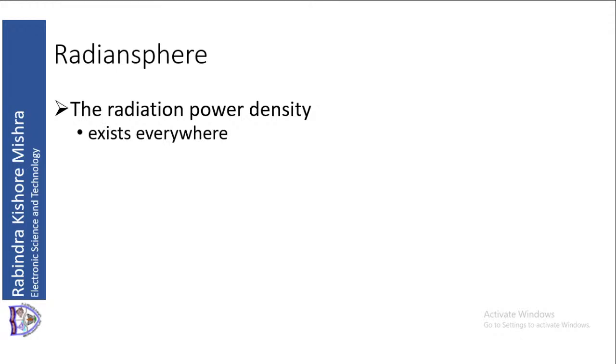Once you have a Hertzian dipole, everywhere in space there will be a radiation power density because of the Hertzian dipole. This radiated power density passes through the near field. What happens in the near field is, the reactive power dominates, but the radiation power density passes through the near field.